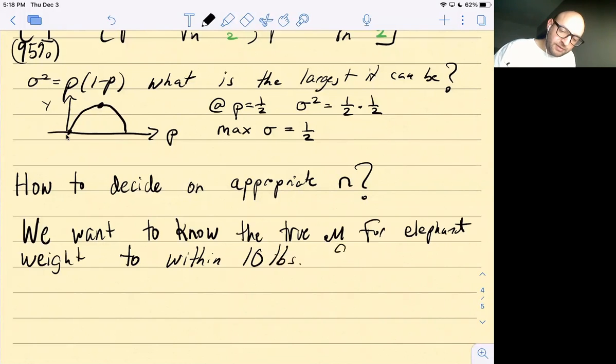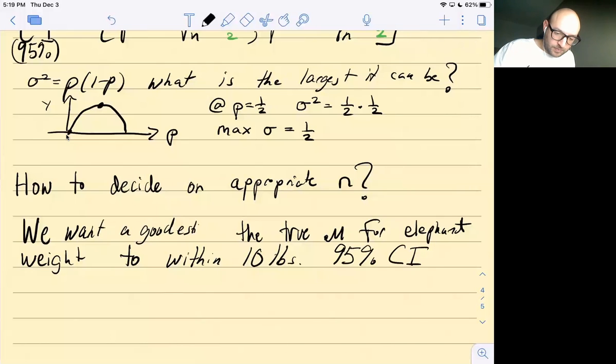So we want a 95% confidence interval. Or we want to have a good estimate for the true elephant weight to be within 10 pounds.